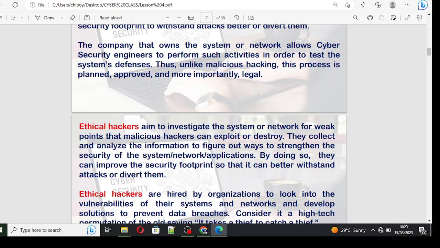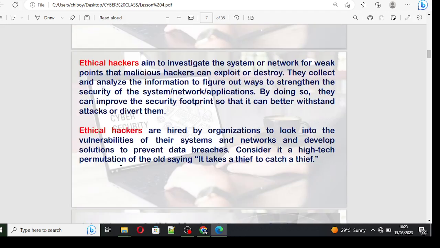By doing so, they can improve the security footprint so that it can better withstand attacks or divert them. Ethical hackers are hired by organizations to look into the vulnerabilities of their systems and networks and develop solutions to prevent data breaches. Consider it a high-tech permutation of the old saying, it takes a thief to catch what? A thief.